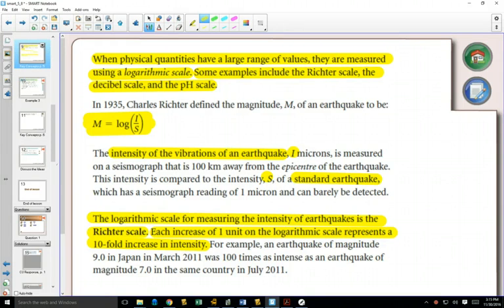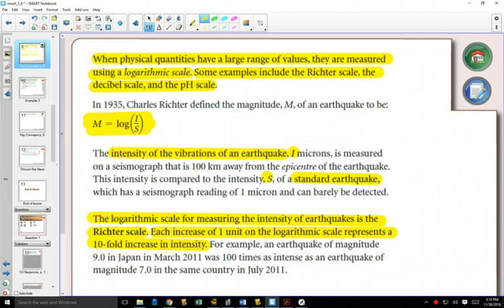They're using an example here of an earthquake in Japan of magnitude 9. If you compare that to an earthquake with a magnitude of 7, it would be 100 times more intense because it goes up by 2.